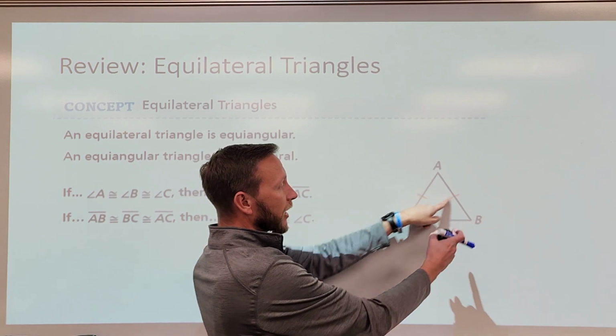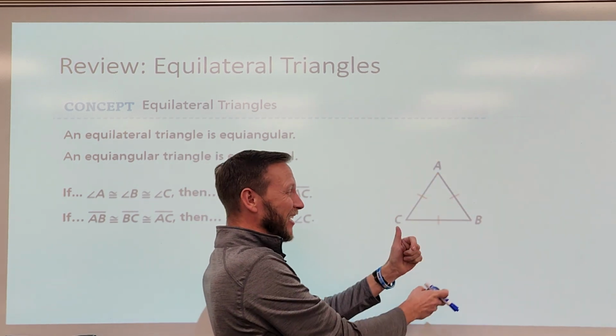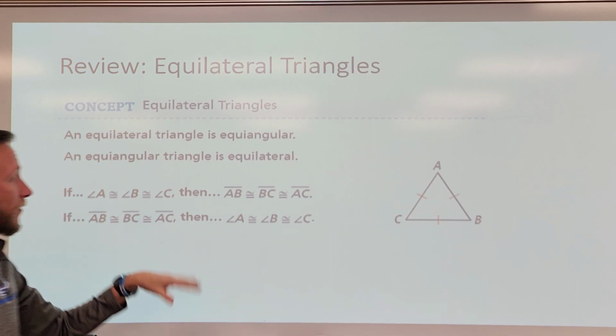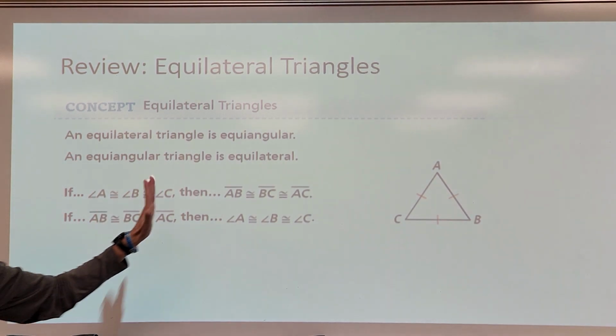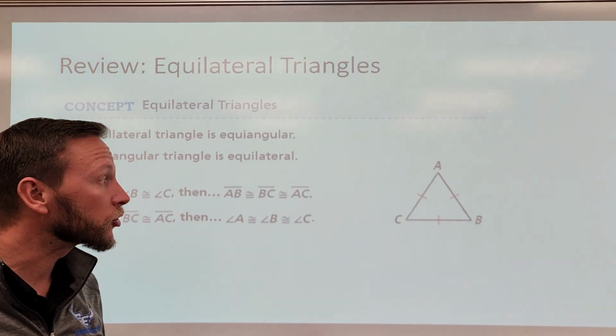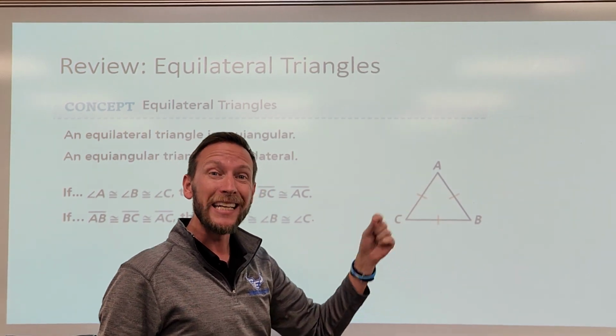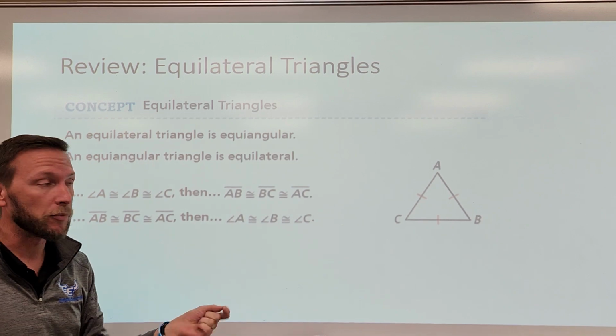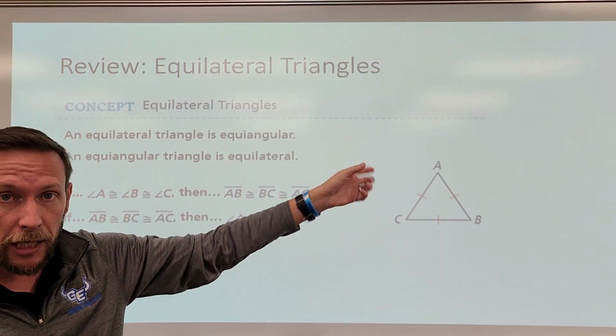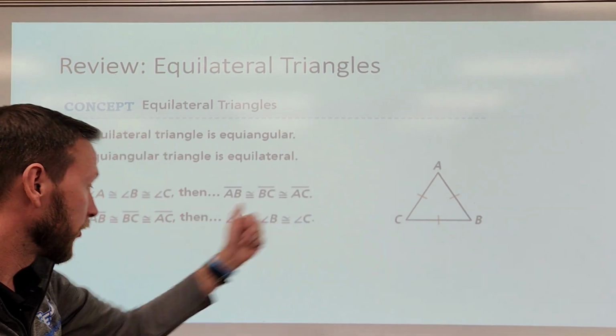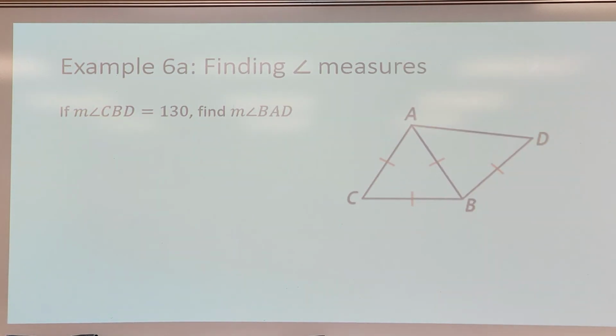That means that each of the angles opposite those sides is also congruent to each other. And we determined in previous lessons, and you probably knew this even from elementary school, that the measure of each of these angles in an equilateral triangle is 60 degrees because they're all congruent. They all add up to 180, so 180 divided by 3 is 60. And so we know the measures of each of those angles.